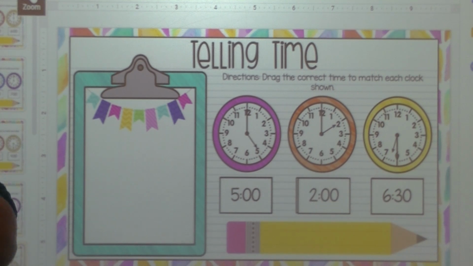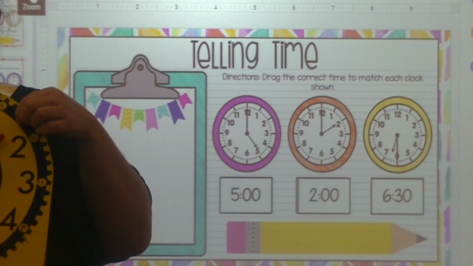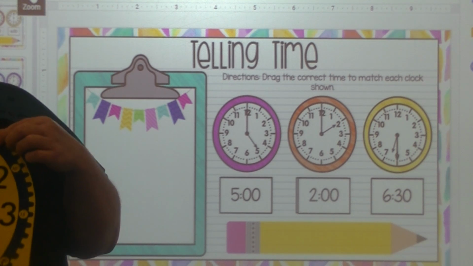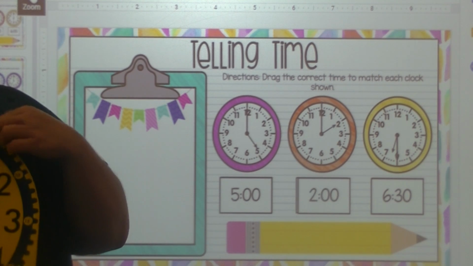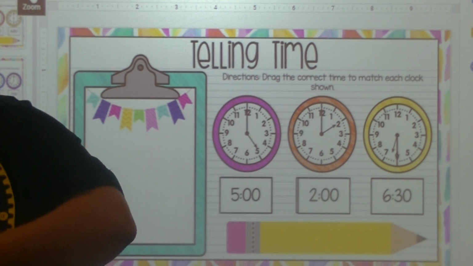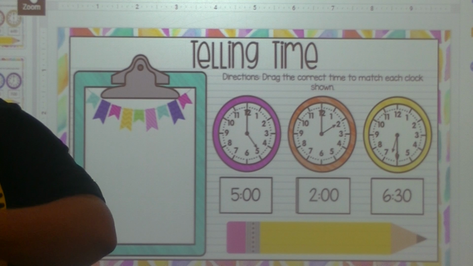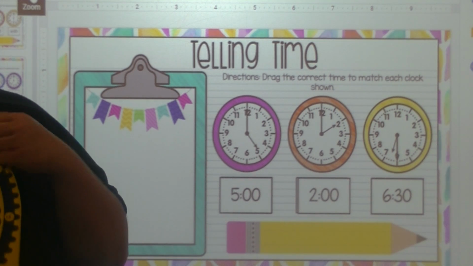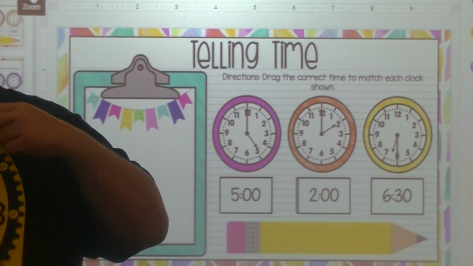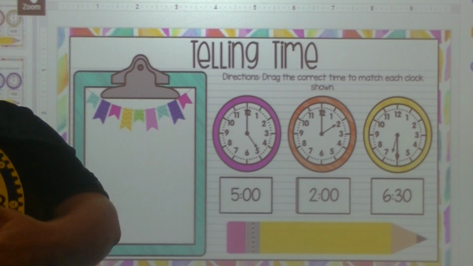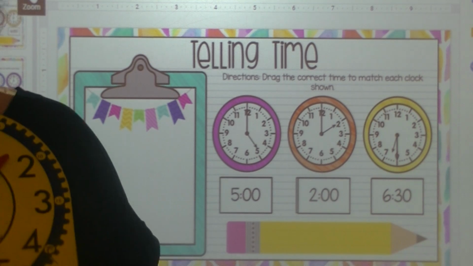Now look at my hour hand. Where is my hour hand? It is halfway between my 1 and my 2. So not only does my minute hand go halfway around the clock, my hour hand goes halfway between my 1 and my 2. Show 1:30 on your clock.